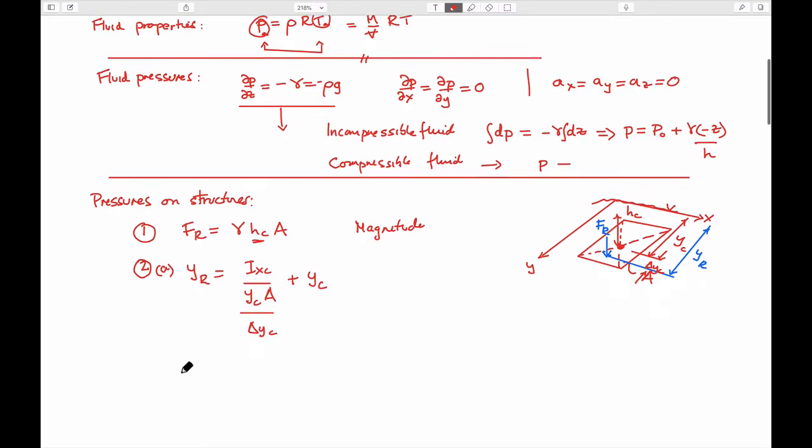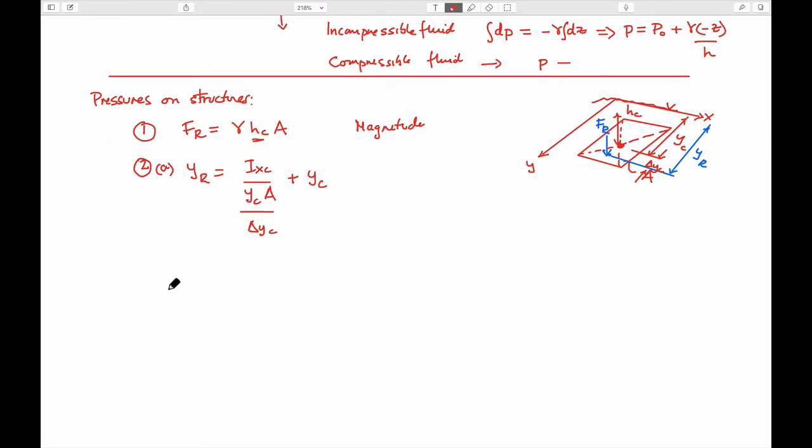The other way that we can get that is to take moments about something. So if you look at the pressure distribution on a plate, that might be something like this, where these are the pressure magnitudes that are acting on this plate here.